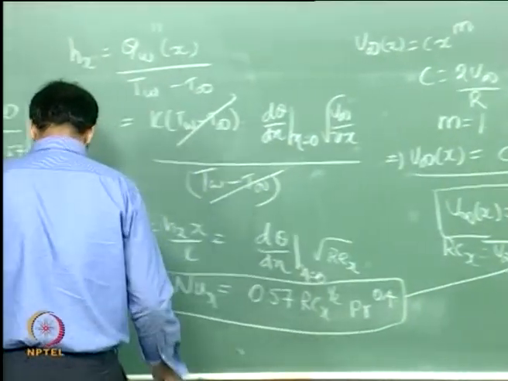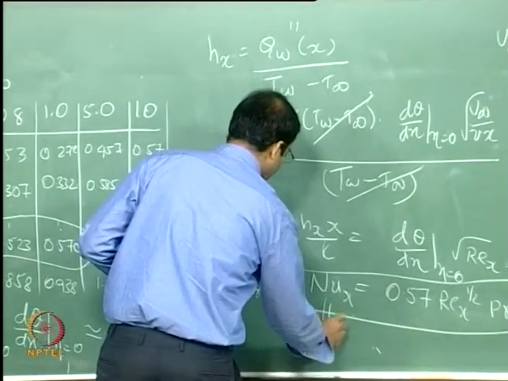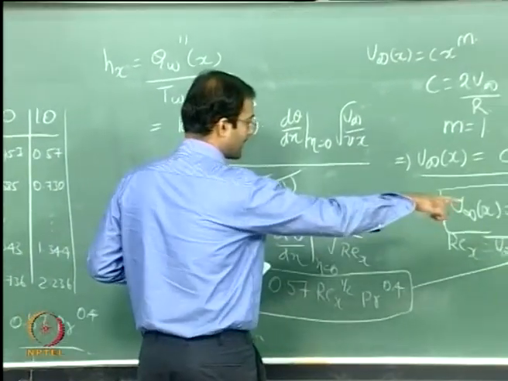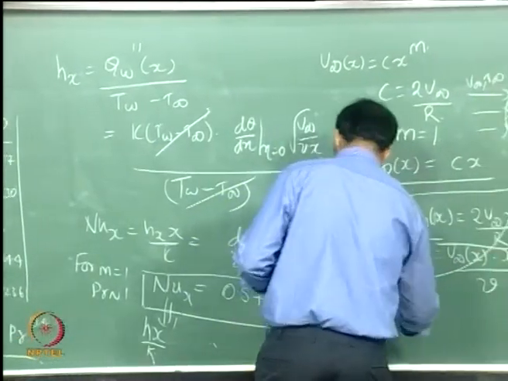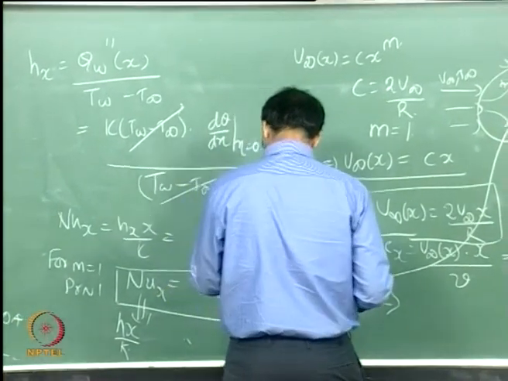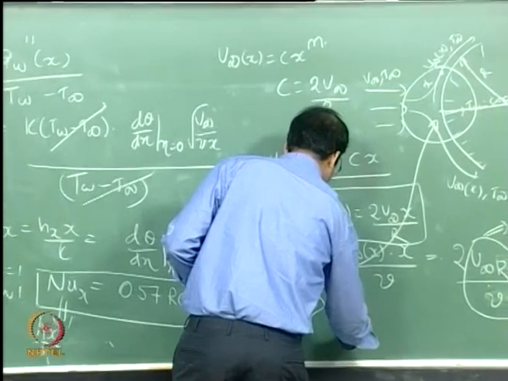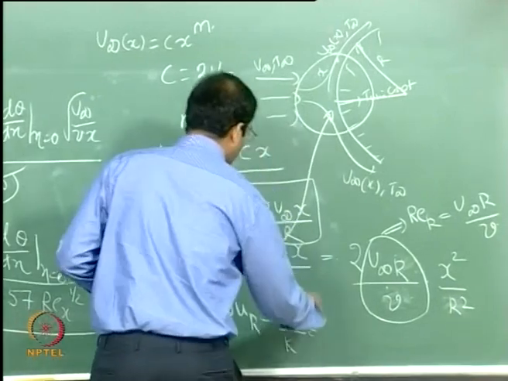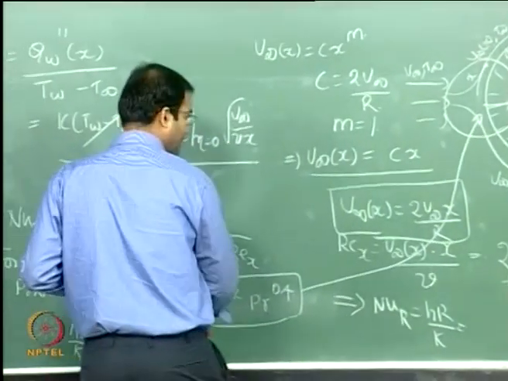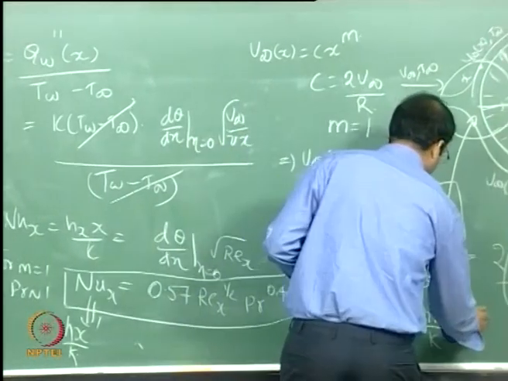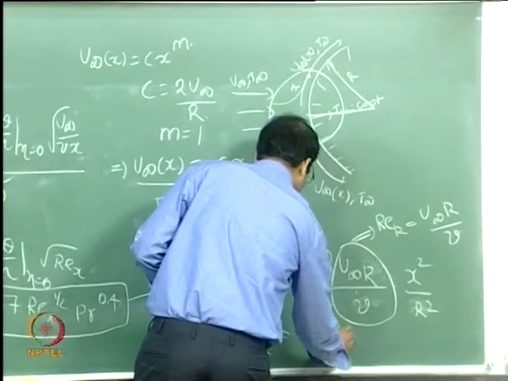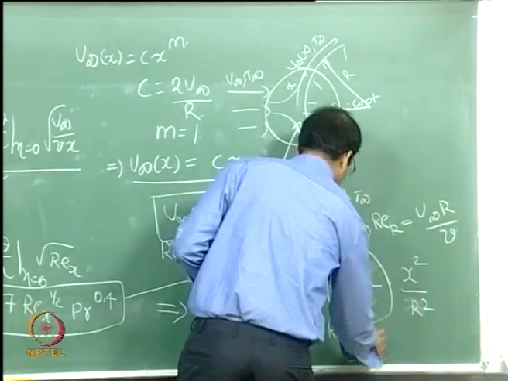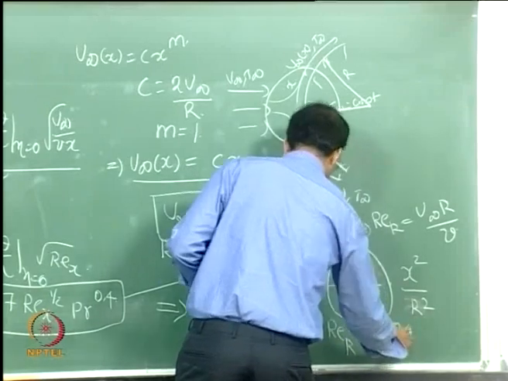Therefore if you substitute, your current Nu_x is also h x by k. If you substitute for Re_x from there, you can finally write Nu in terms of the radius, which is nothing but h r by k. You have a 2 square root of 2 which comes out and multiplies with 0.57, that becomes 0.81, and this will be Re_r to the power half and your Prandtl number to the power 0.4.